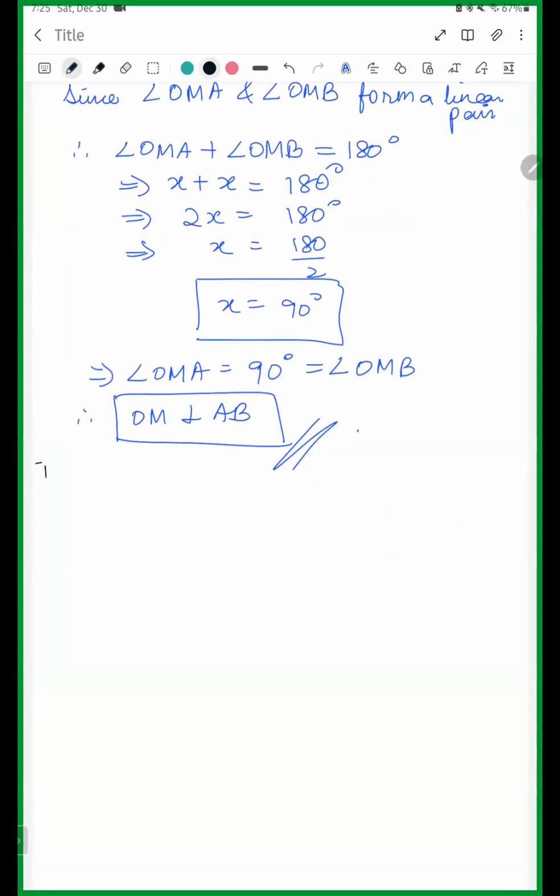So now, next theorem, theorem 5. Equal chords of a circle are equidistant from the center.